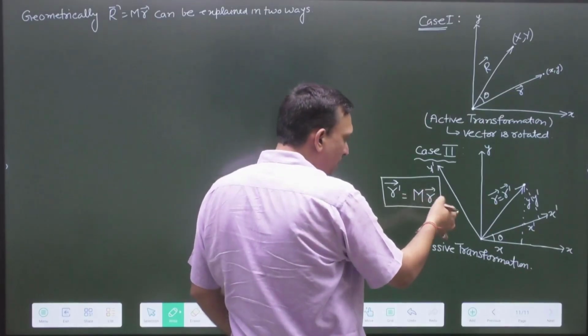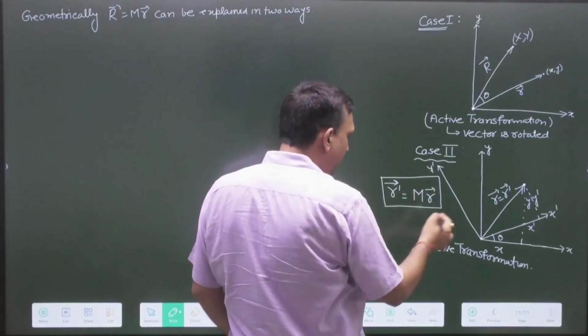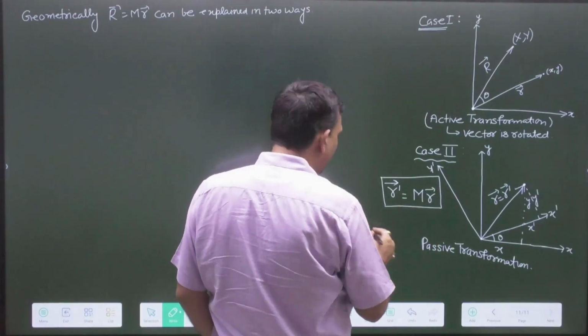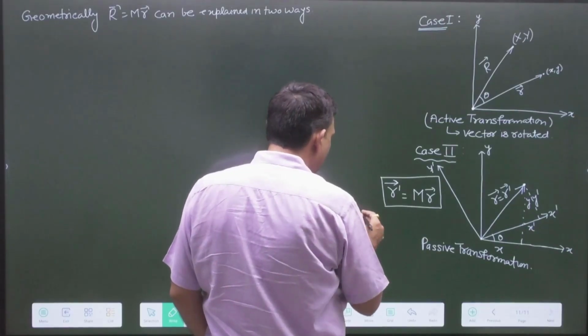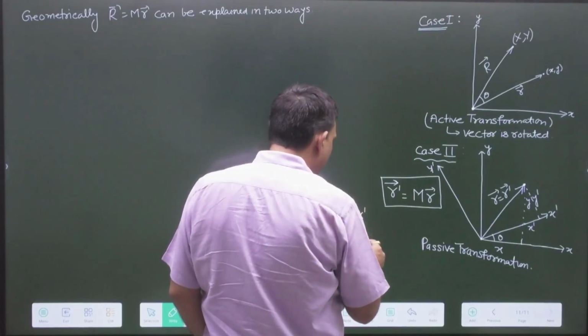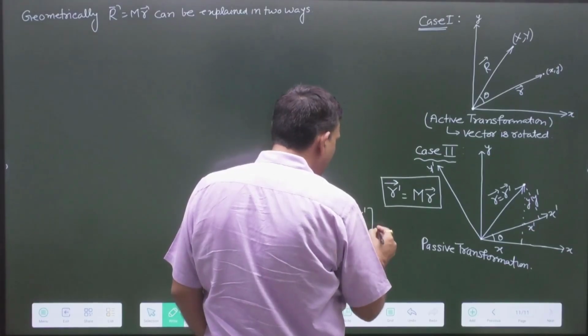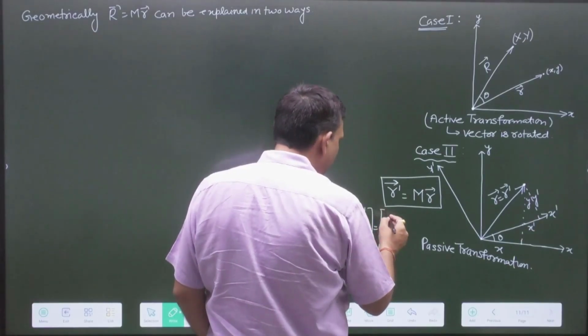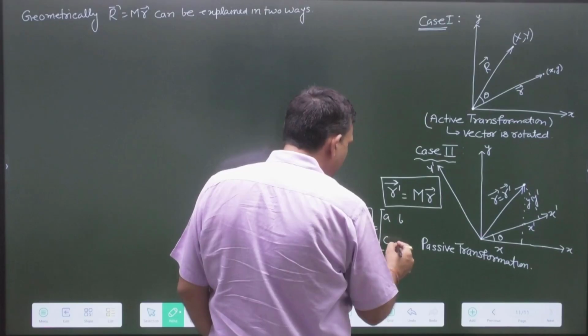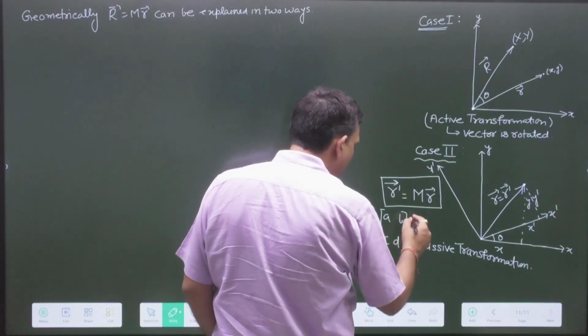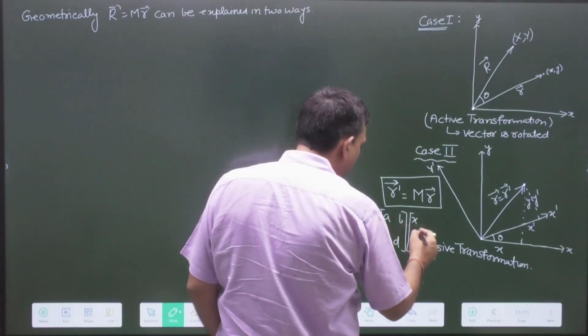So if you know the components with respect to X, Y, how will you write this? You can write X dash Y dash equals ABCD times XY.